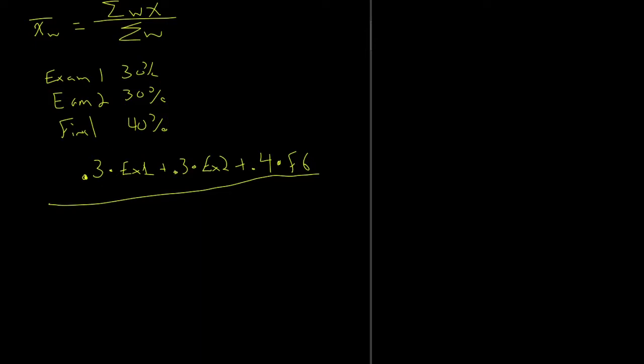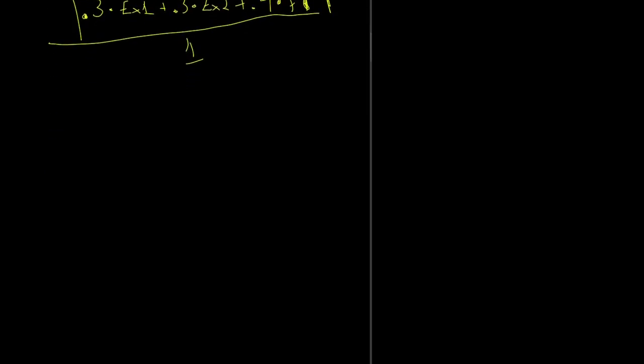Well, 0.3 plus 0.3 plus 0.4 is 1, and anything divided by 1 is itself. You'll find a lot of times when you're doing weighted averages of grades, if you use the decimal versions and everything adds up to 100, this thing becomes divide by 1. And that's common with weighted exam averages or weighted scores.